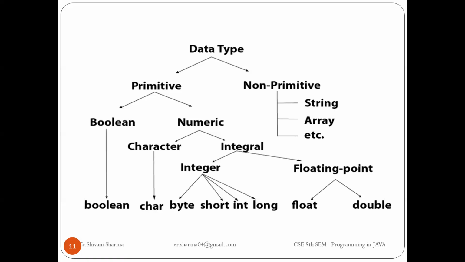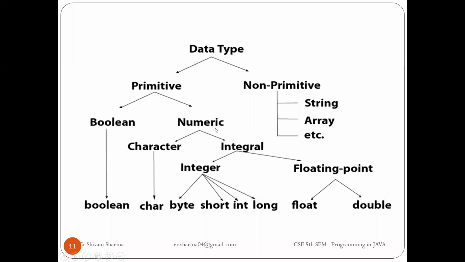Now you can see here, there is a data type that is byte. Byte is also one data type which is available in Java. Short is a data type which is available in Java. Int is a data type which is available in Java. Long is also available in Java. Float is another data type which is available in Java. Double is also available in Java.